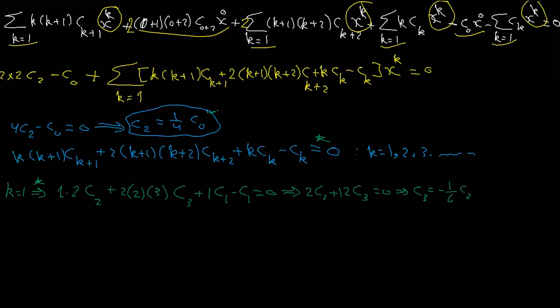And I know C2 from this, so C3 equals negative 1 over 6 times 1 over 4 C0. This is my C3. Okay, I found C3. Now let me choose my k now to be 2.